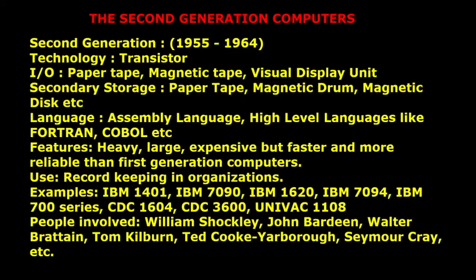Their features were also heavy, large, expensive, but faster and more reliable than first generation computers. They were also used in record keeping in organizations and not available for individuals. Some examples of second generation computers are IBM 1401, IBM 7090, IBM 1620, IBM 7094, IBM 700 series, CDC 1604, CDC 3600, UNIVAC 1108.